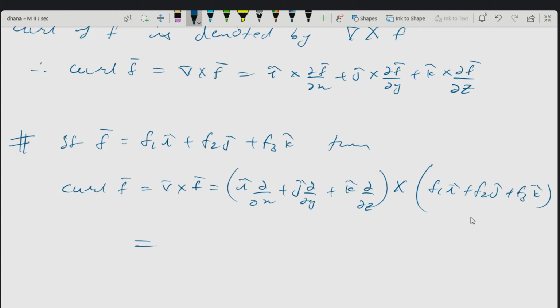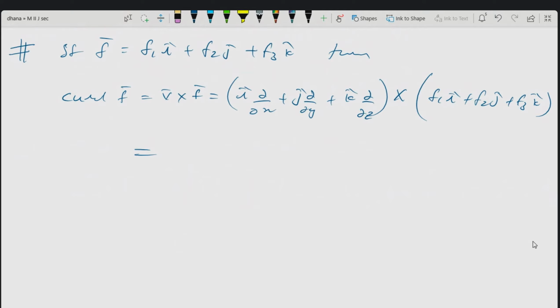Okay, similarly you have other ones also. To calculate the cross product you can solve by using the determinant also. So in the first row, since the result is a vector, you will have i, j, k. In the next row you will have dou by dou x, dou by dou y, dou by dou z. And in the last row, you will have the components of this vector f1, f2, f3.